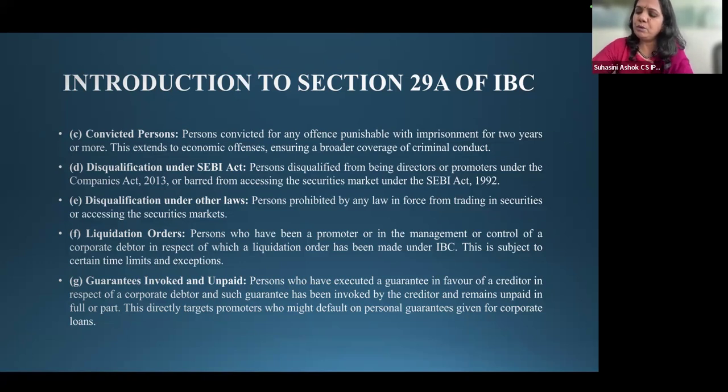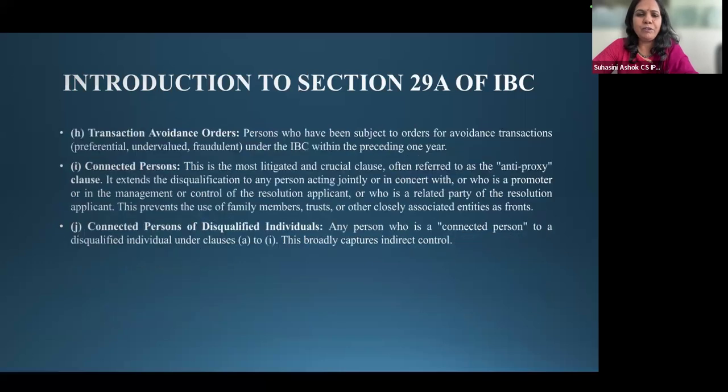When we come to avoidance transactions, I have clearly explained that. When it comes to the connected persons, this is more critical for an RP. When we are doing the diligence of the connected persons, this is the most litigated and very crucial clause. This is called the anti-proxy clause.